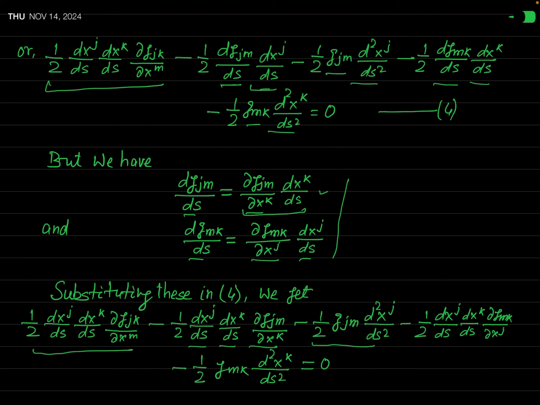And again this third term is as it is. Now dg_mk/ds is equal to this much, so let us replace dg_mk/ds by this expression, and then this fourth term becomes 1/2 dx^j/ds times dx^k/ds times ∂g_mk/∂x^j. And again this last term has been written as it is. So this is your result.